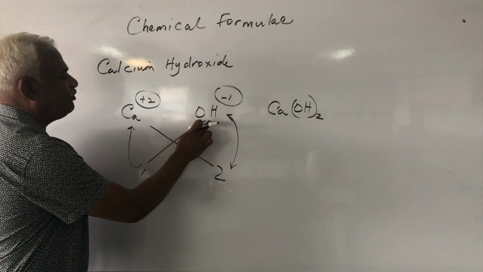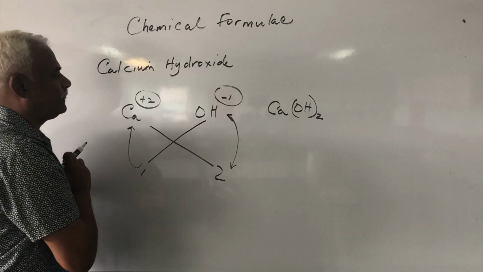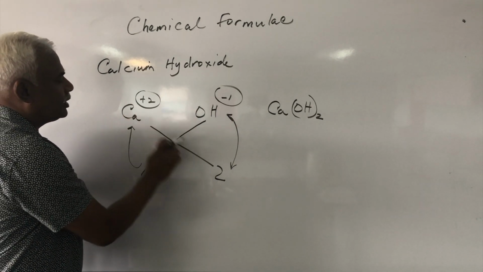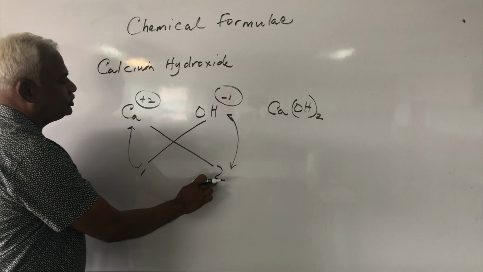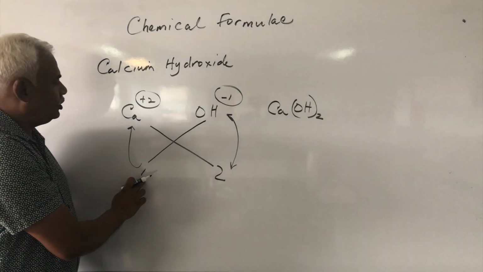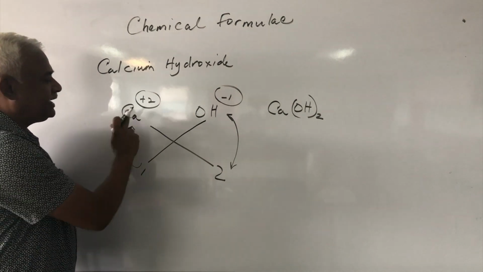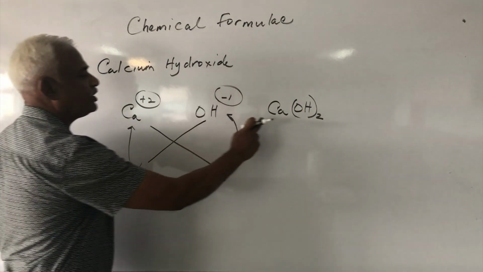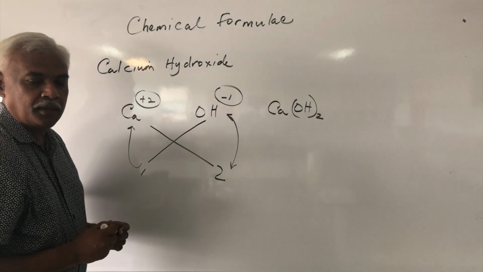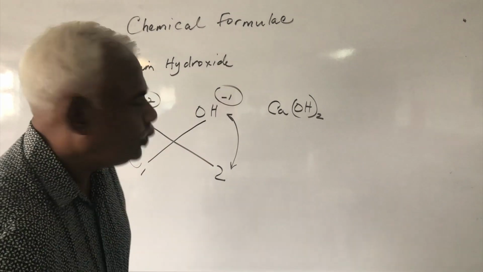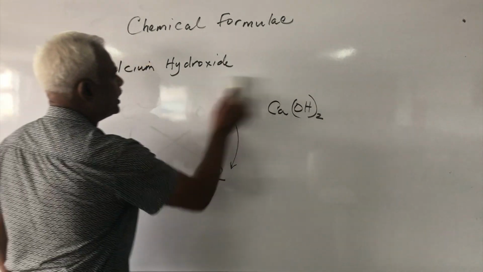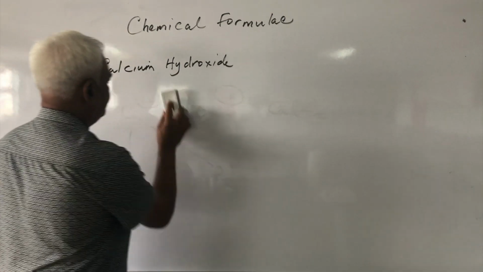The charge on the hydroxide ion is -1. We cross multiply. Calcium 2, hydroxide 1. It means, therefore, we will have 1 calcium and 2 hydroxides. Therefore, calcium hydroxide.